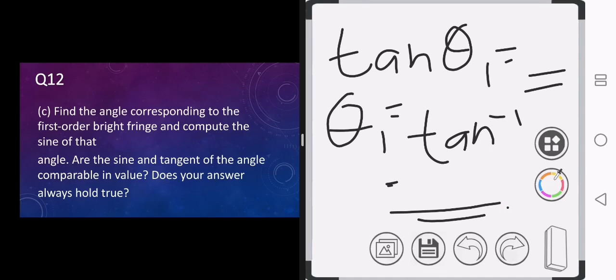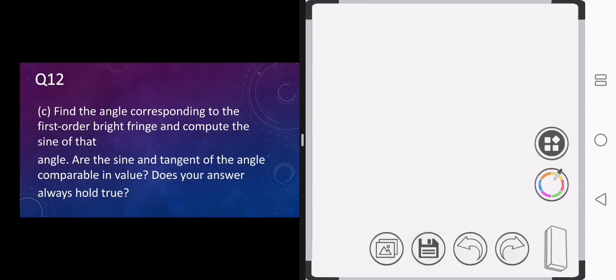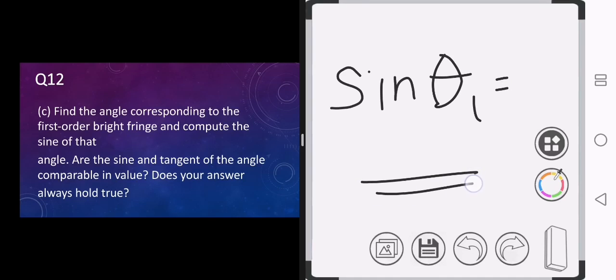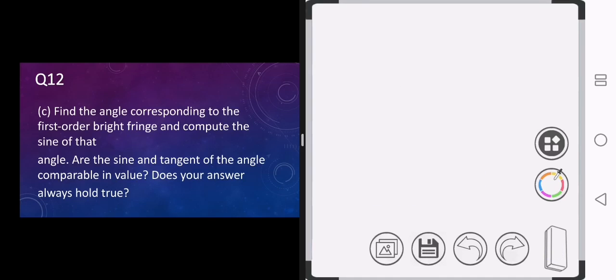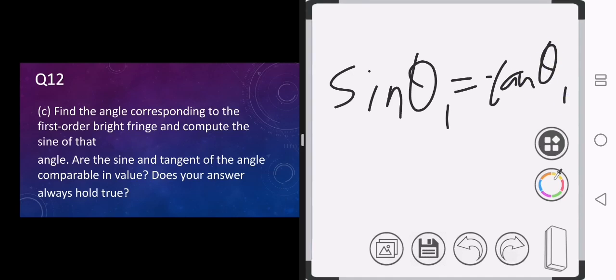And then, are the sine and tangent of the angle comparable in value? To answer this, use your angle in sine. Check the value of sine theta 1. Is sine theta 1 equal to tangent theta 1? You compare these two.